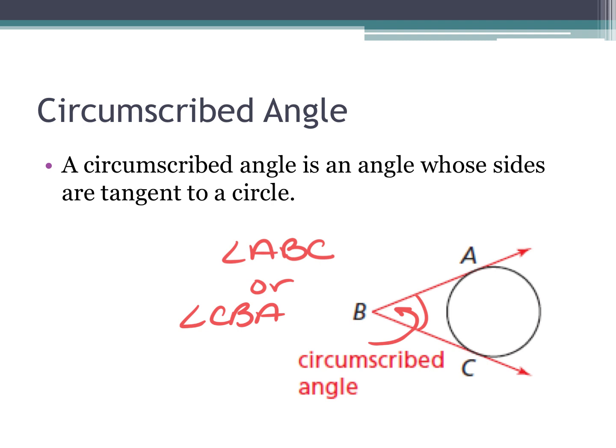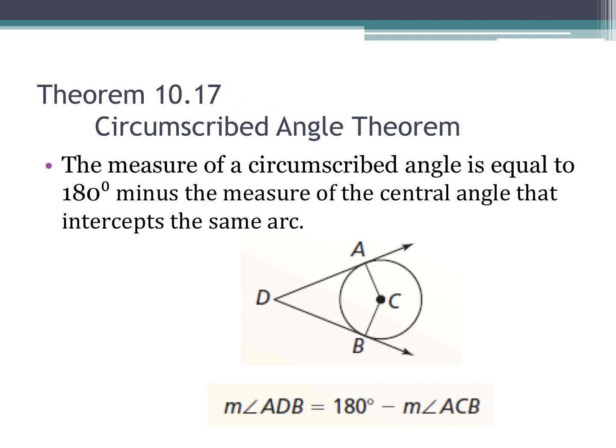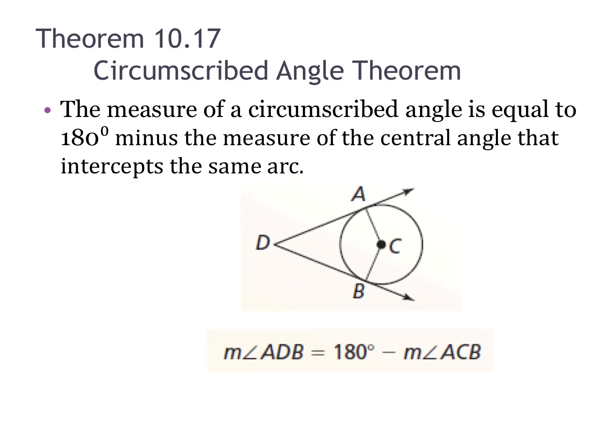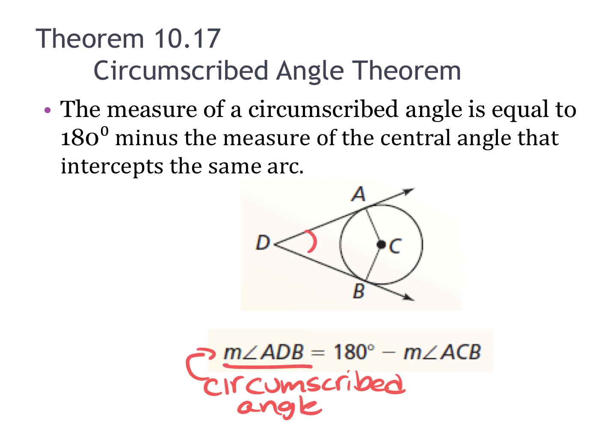The next slide has how to calculate the measure of a circumscribed angle, and it's presented as a theorem. The circumscribed angle theorem states that the measure of a circumscribed angle is equal to 180 minus the measure of the central angle that intercepts the same arc. So in this particular picture, the 80 is my circumscribed angle, located right here.